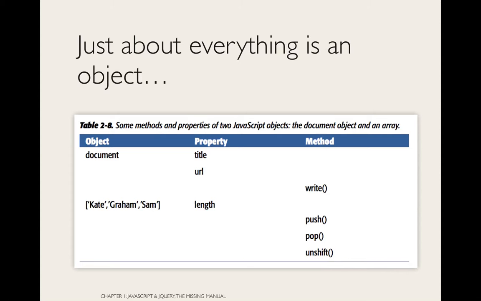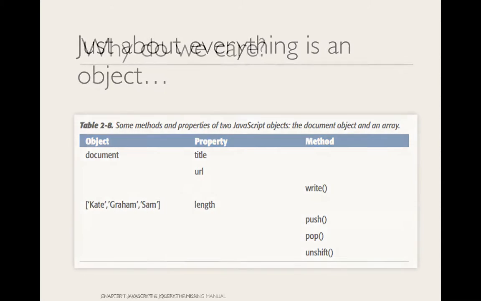So, some methods and properties of web pages might be the document has a title, or the document has a URL. It might be an array with a length, because there are multiple things in arrays. Arrays have verbs or methods. They can push, they can pop, they can unshift, etc., etc.